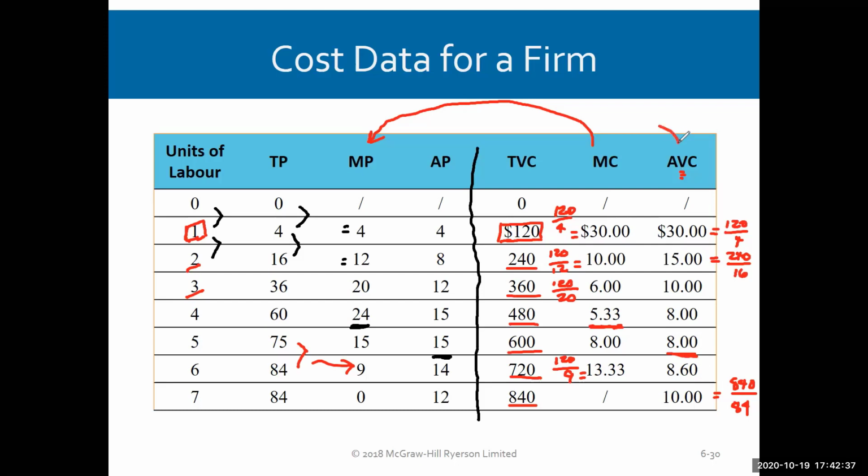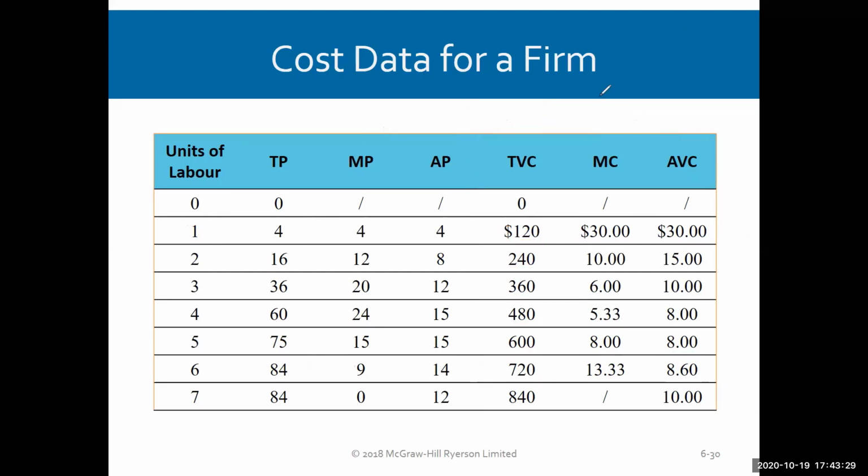Just like average product rises to a maximum, and right at the same point, it starts falling off. That point is the point of maximum productivity. So this point on the average variable cost curve is also the point of maximum productivity. So really understand and see that those two curves are the exact flip side of each other.